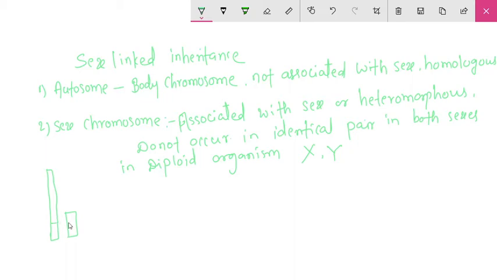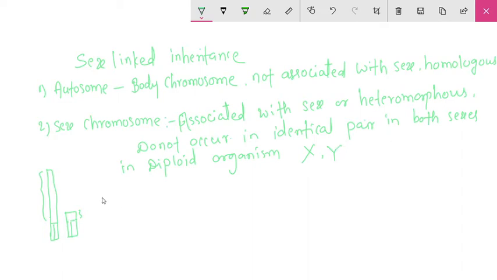This part is homologous, but this part and this part are different. Different genes are located on these parts, so they are heteromorphous. They do not occur in an identical pair in both the sexes.